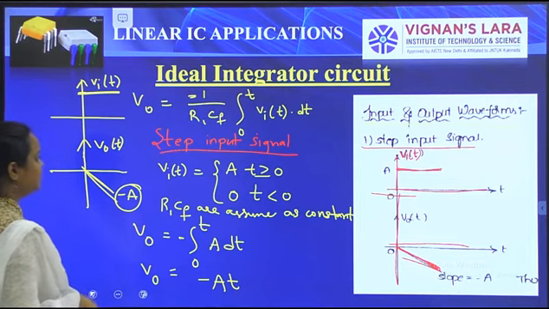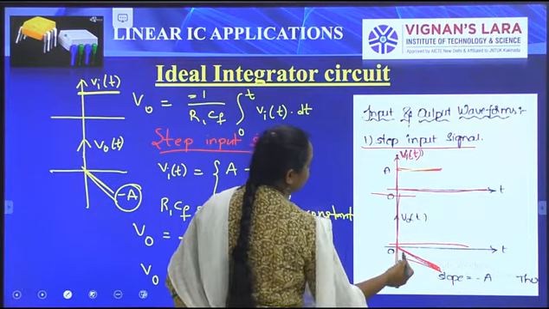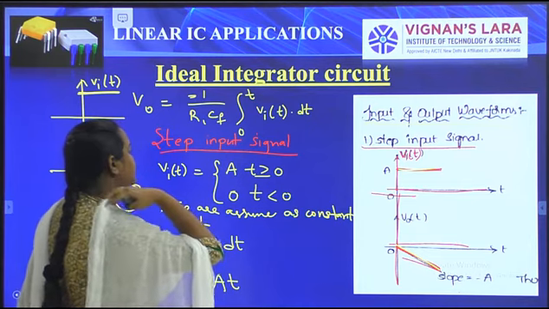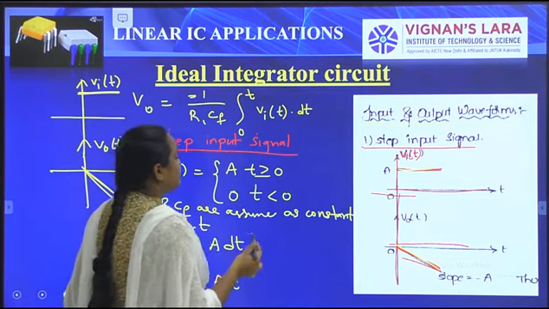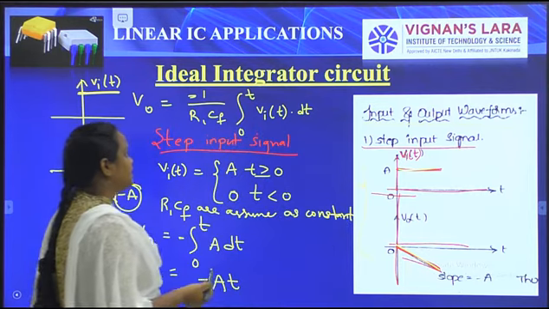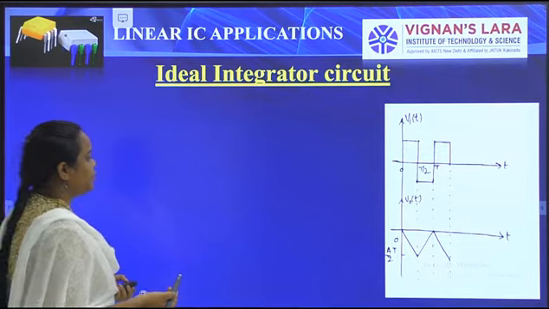So this is the input and output waveforms. The input waveform is the step input signal and the output waveform is the slope. By using this step input signal, the waveforms look like this. Then I am going to move to another input waveform.